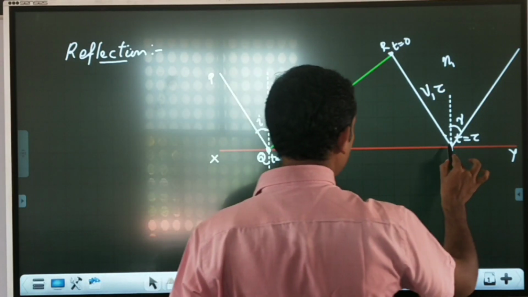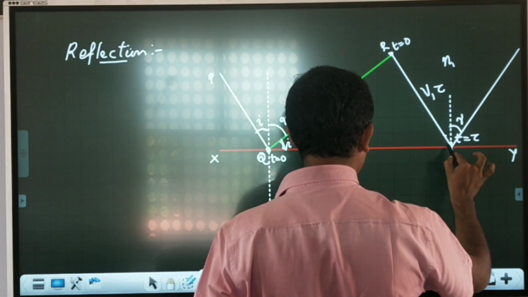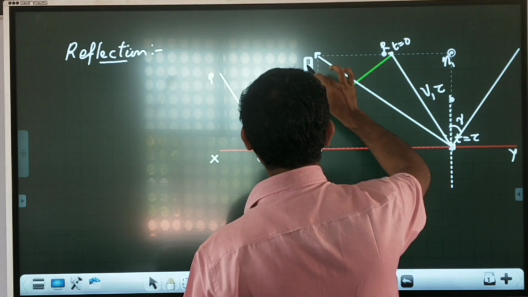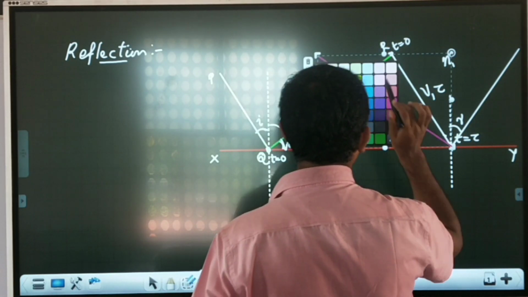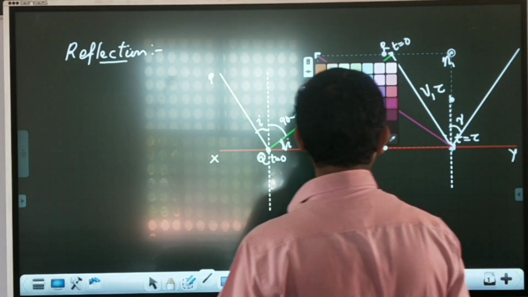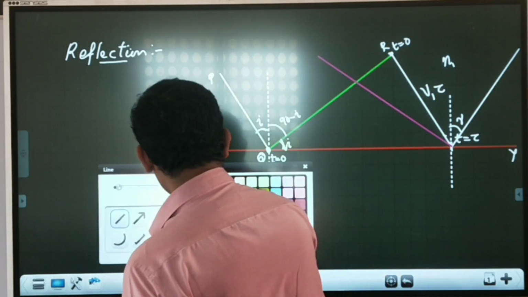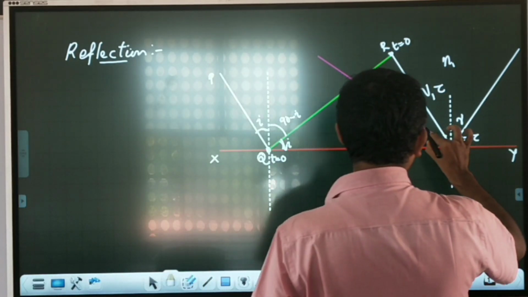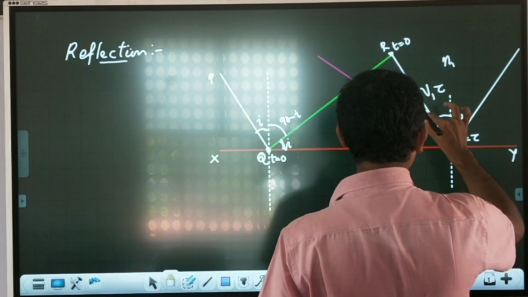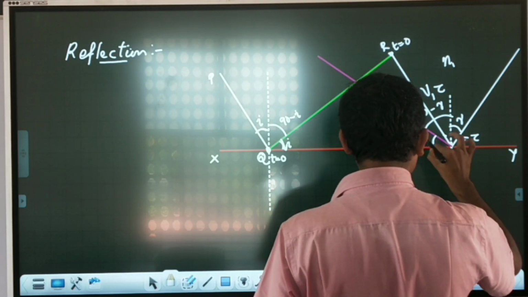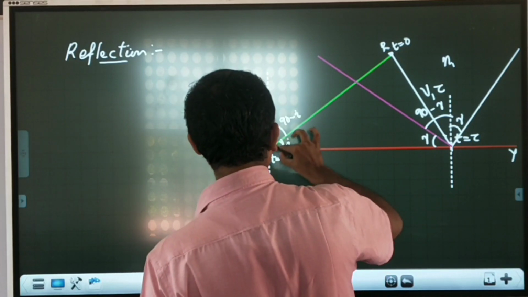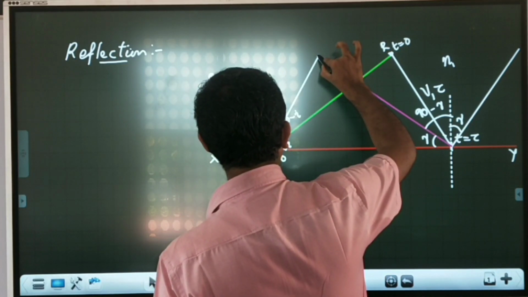Now drawing a perpendicular, which is nothing but the reflected wavefront. Yes, the reflected wavefront I am drawing. Now I can say this angle is r. This one comes out to be 90 minus r, so obviously this angle must be r. Now drawing the reflected ray here. This is the reflected ray.